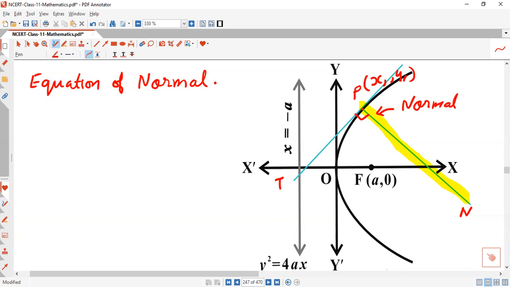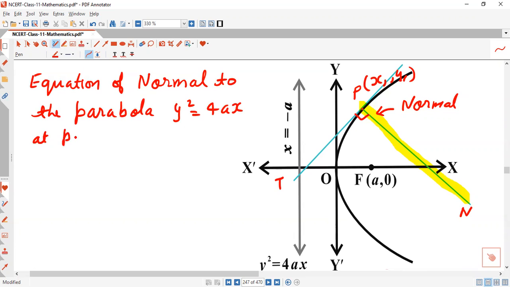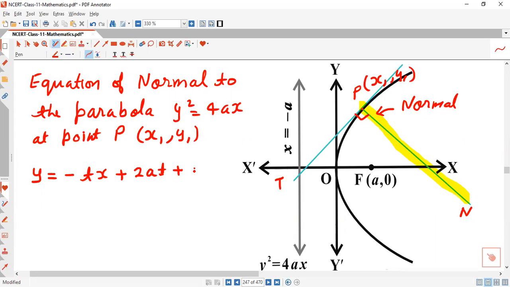Equation of normal to the parabola y square equal to 4ax at point P (x1, y1). Two equations will come out, one in parametric form and one in terms of m. First, in parametric form: y equal to minus tx plus 2at plus at cubed, in the form of parametric.